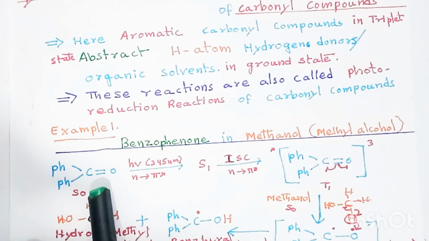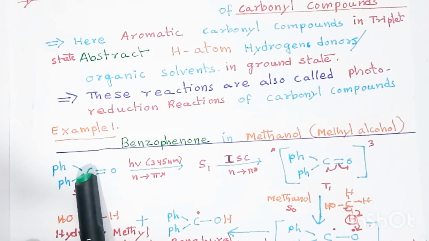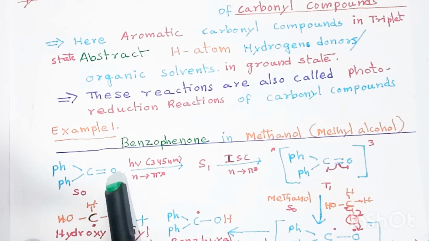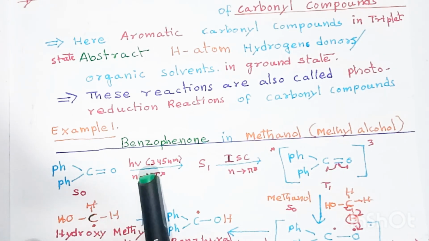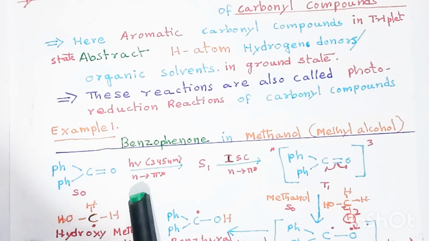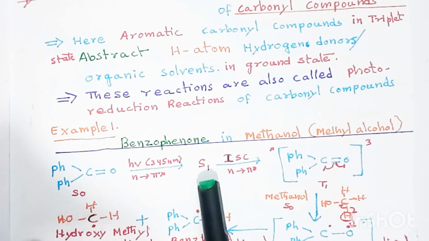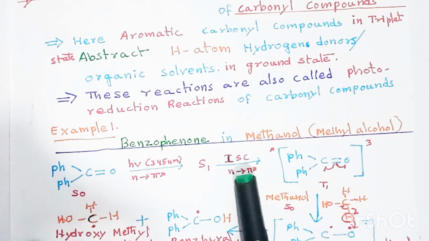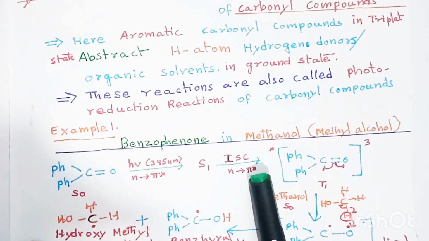As we all know, benzophenone is nothing but Ph2C=O. It is present in ground state. When it is irradiated by UV light of 345 nanometers, it undergoes n to pi star excitation and enters singlet state. From singlet state, it enters triplet state through intersystem crossing.